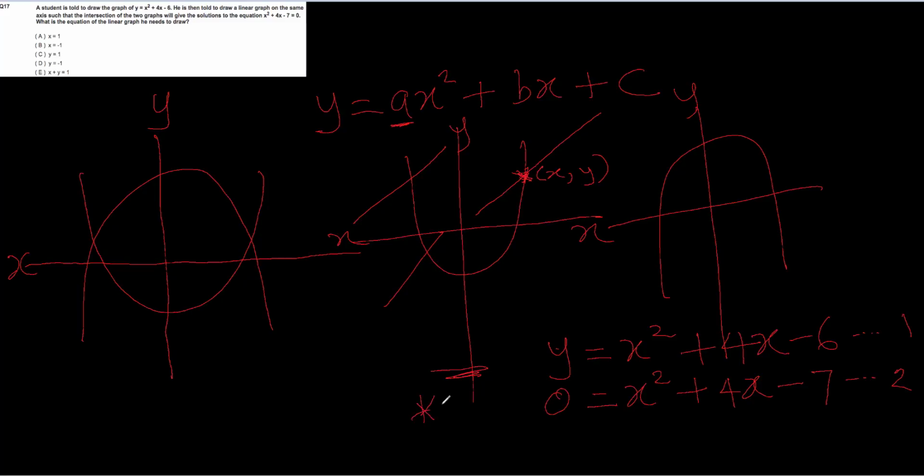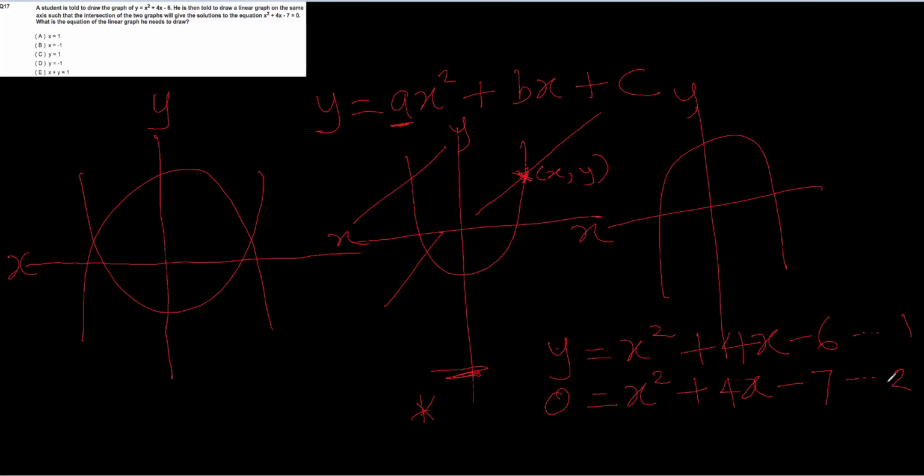If we look at this equation, it has x squared, it has 4x, but it doesn't have y. Instead, it has 0. It means that they have substituted the value of y at this point in this equation, but we don't know what it is. And the question is, what is it?